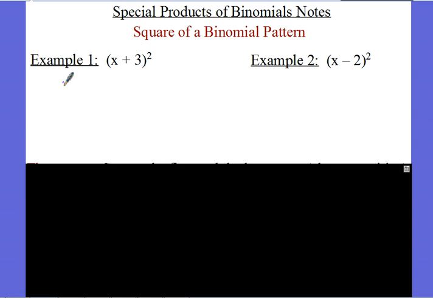Okay, so what we're going to do is use the distributive property here instead of the grid method to do x plus 3 times x plus 3, because that's the same thing as x plus 3 squared. Again, using the distribution method, we're doing the first term times each of the second polynomial terms. So x times x is x squared, and then x times 3 is 3x, and that was both positive.